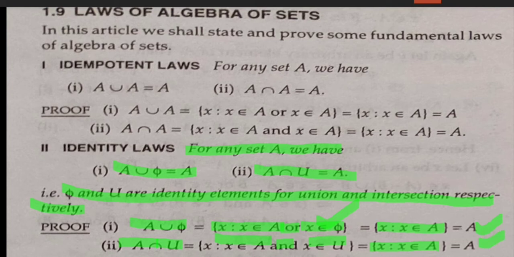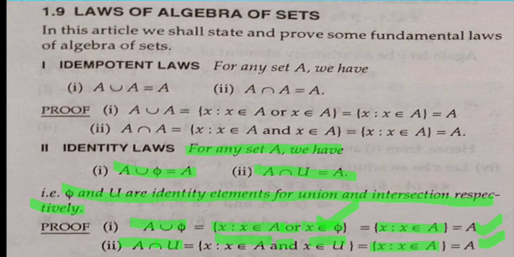It is X such that X belongs to A, which equals set A. Therefore, the identity law is satisfied again. A union phi equals A, and A intersection U equals A only.